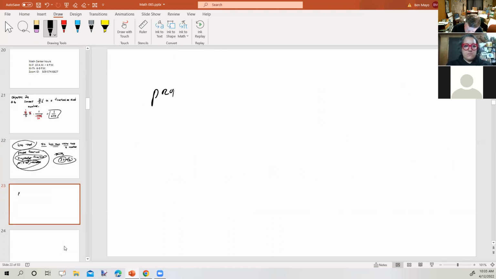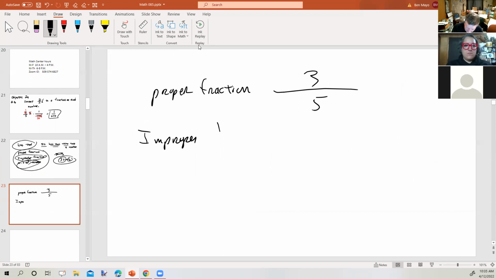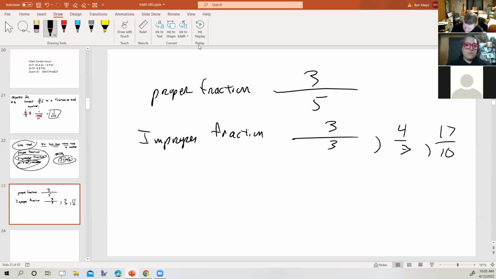A proper fraction is where the numerator is smaller than the denominator, so like 3/5. An improper fraction is where the numerator is either equal to or larger than the denominator. So like 3/3 is an improper fraction, 4/3 is an improper fraction, 17/16 is an improper fraction.